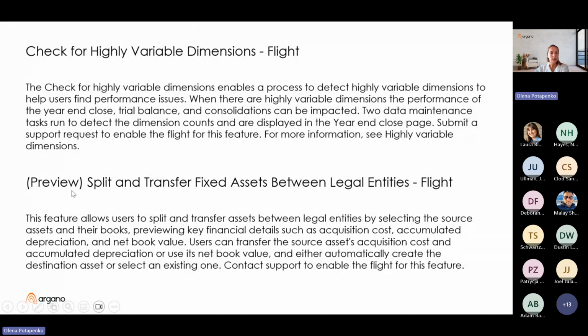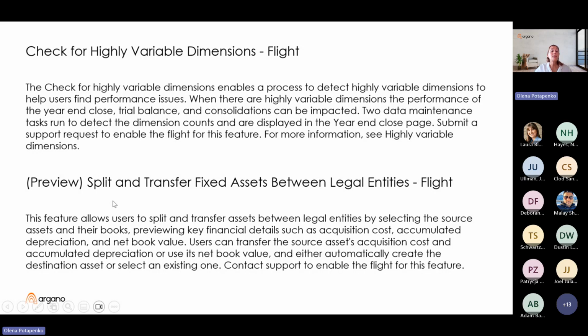Another flight is about split and transfer fixed assets between legal entities, and this flight is in preview stage. But I think this flight can be useful because lots of clients actually requested functionality to transfer fixed assets from one legal entity to another legal entity.